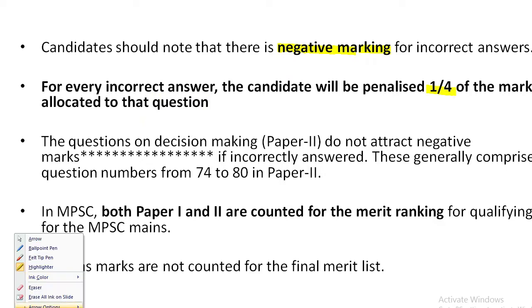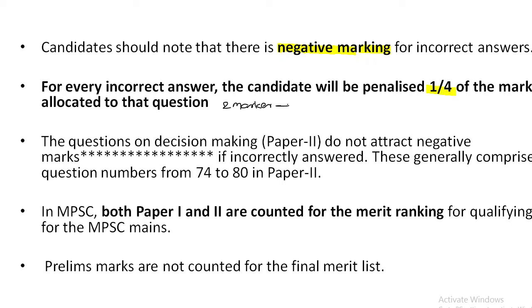Now see here, I want to clear a doubt that many students have. It says one is penalized 1/4 of the marks allocated to that question. Now in the prelims paper, all are 2 marker questions.